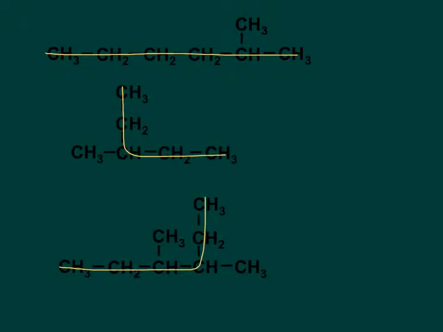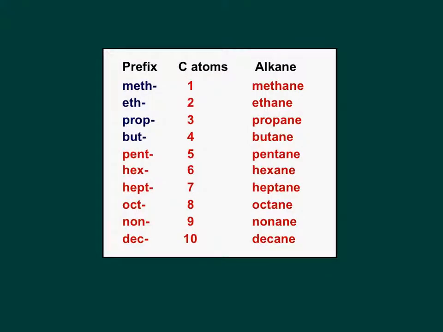Like so. So once you've got your starting point, what do you do? Well, you count out the number of carbon atoms and you learn this table. This goes up to 10 carbon atoms. So for the last one I had 5, so I would be looking in this area here, 5 carbon atoms. That means I am looking at it being pent. That's going to be my starting point, the first part of the name, pent.